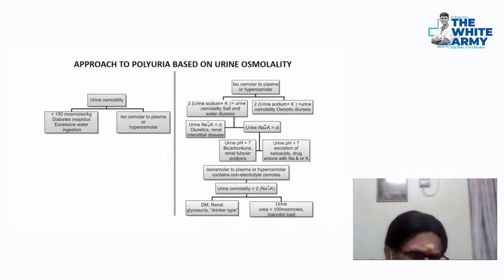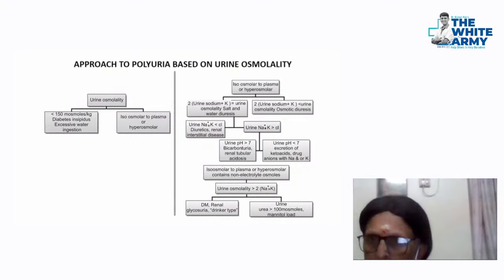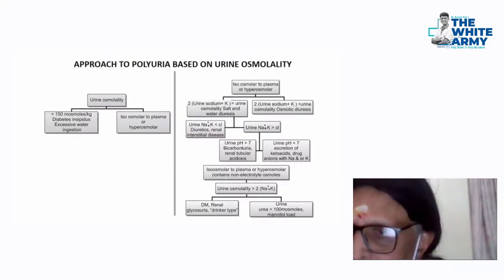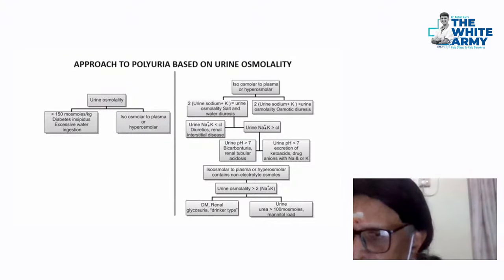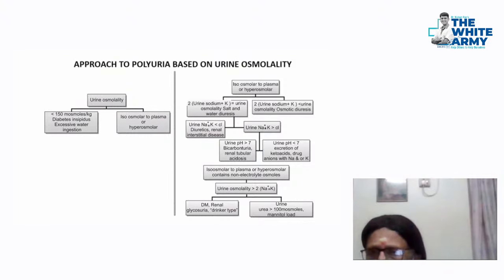If the urine chloride is more than urine sodium and potassium, and the urine pH is less than 7, that means it could be ketoacidosis or some drug anions, etc., which are excreted in the urine. But if the urine sodium and potassium is more than chloride and the urine pH is more than 7, it usually shows the presence of bicarbonate in the urine, as in renal tubular acidosis.